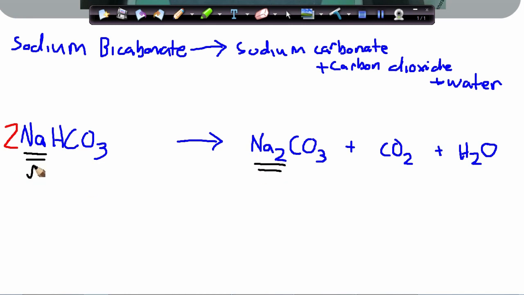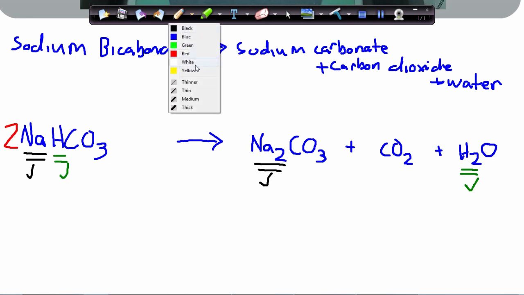So yep, that balances. We've got 2 of each of those. Okay, hydrogens. Let's do those maybe in green. I've got 2 hydrogens here. 2 lots of hydrogen, 2 lots of everything there. And on this side, H2, that's the only place we've got hydrogen. So that balances as well. So happy with that. Cool.